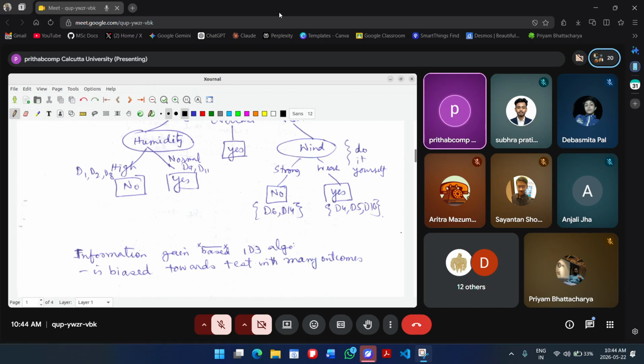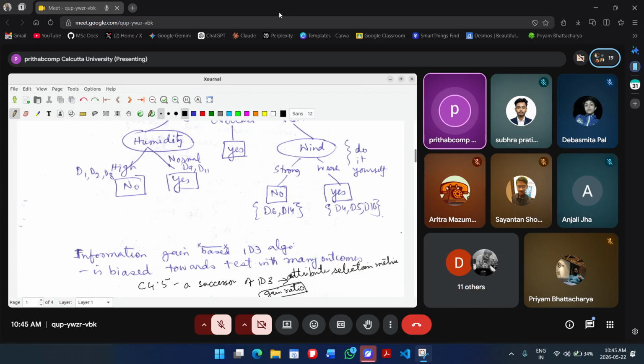C4.5 is actually a successor of the ID3 algorithm, and it uses an attribute selection metric called gain ratio.